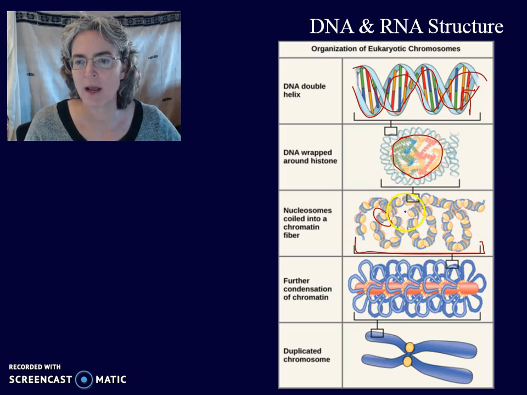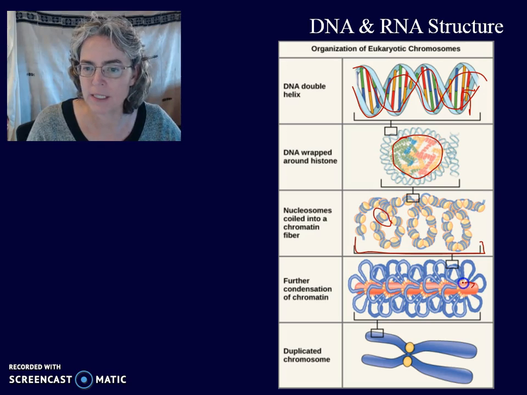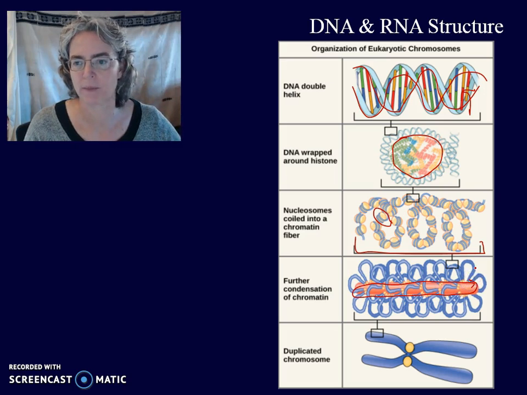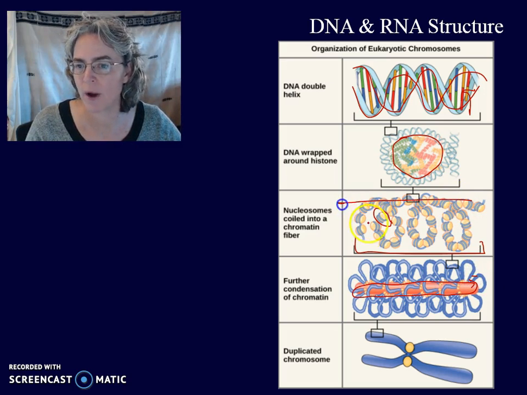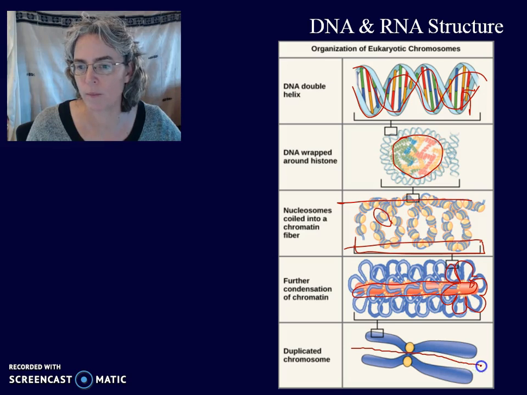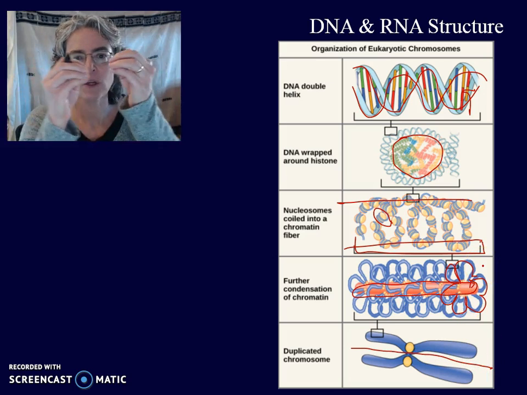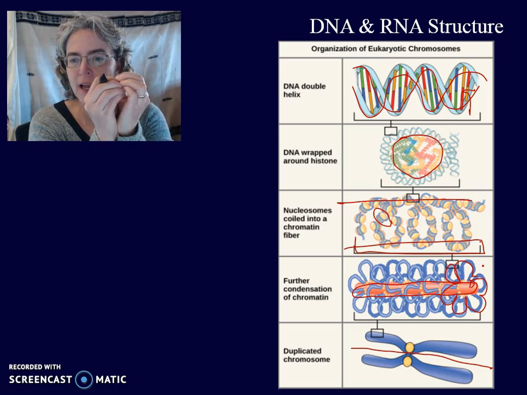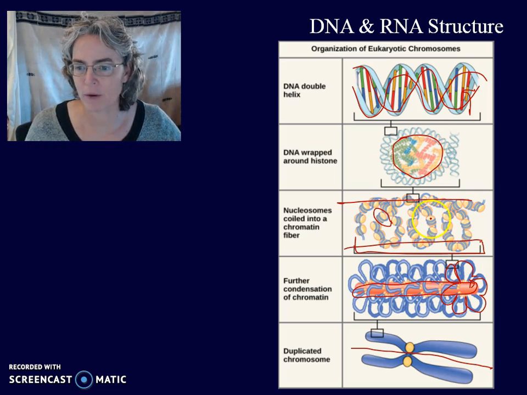So this is still considered our chromatin. So there is some wrapping in our chromatin form, but then to become our chromosome form, there's even more wrapping. It's called condensation around another protein. And you can see, so this chain right here then gets wrapped around this other protein to form our chromosome. And since it's coiled so tight and wrapped so tight, we can now see it with a light microscope.